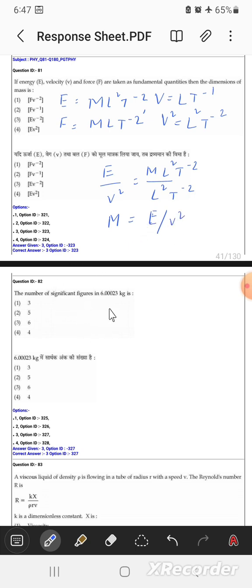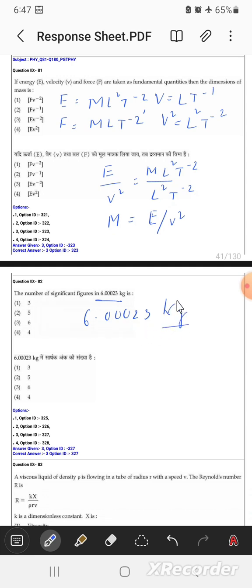Moving to the next one, there is a question number 82. We have to find the number of significant figures. Now from the rule of significant figures, all the digits in between two non-zero digits, we have to consider all of them as significant figures. Now the number they have given is 6.00023, and moreover you have to remember the unit is also given over there.